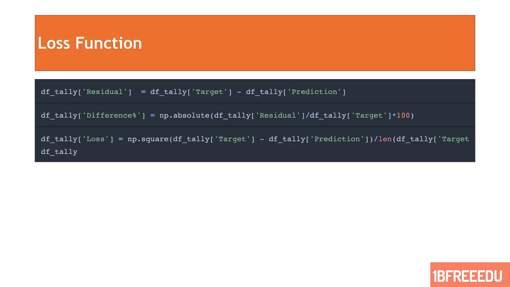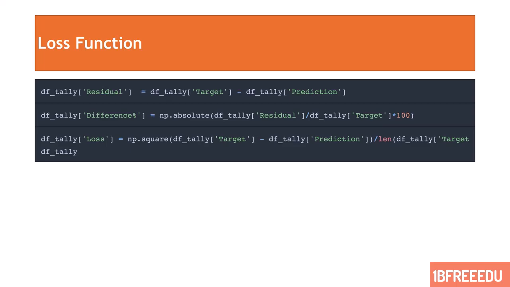For the difference percentages, you take the absolute difference, which is the residual we calculated in the previous step, divided by the target and multiplied by 100. That gives you the percentage of the differences. And since the loss function is nothing but mean squared error, it is calculated by taking the difference of the target and the prediction, squaring that, and dividing by the total number of observations. That's exactly what we're doing.